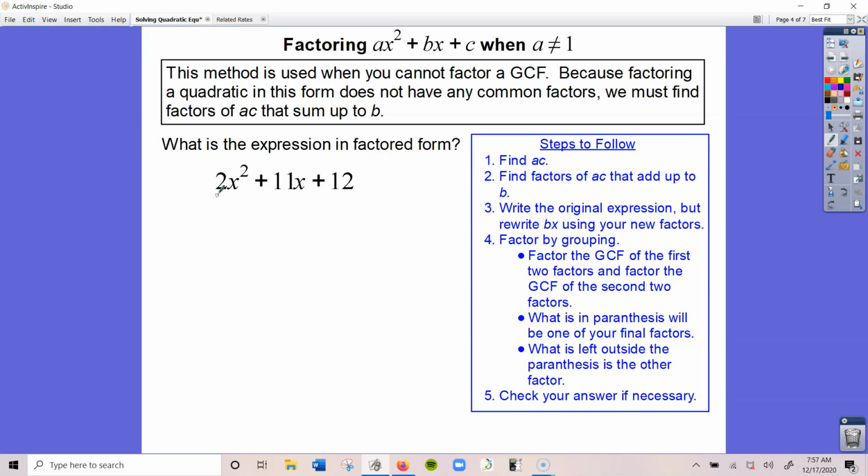So remember that your numbers here, the 2 is A, the 11 is B, and the 12 is C. So these are some steps here that we're going to follow. First, we're going to figure out what is AC. Now what that means is that I'm going to take A and C and multiply them together. So 2 times 12 is 24.